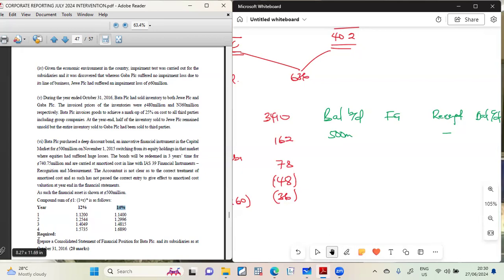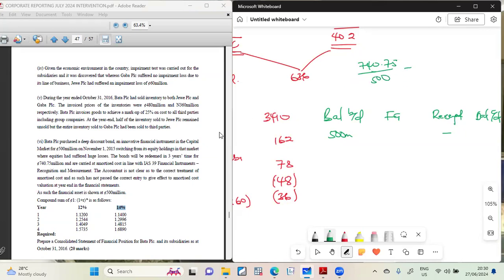Given that this is 1 year, how do you determine the rate? You determine the rate by finding the proximity, doing 740.75 over 500,000. How much will you get? It's just 1 year, so we should be getting something close to one. How much will you get?